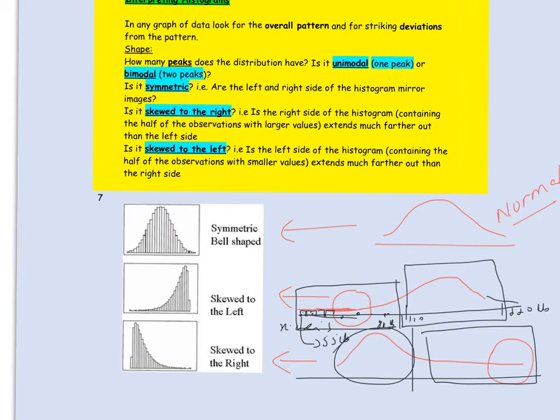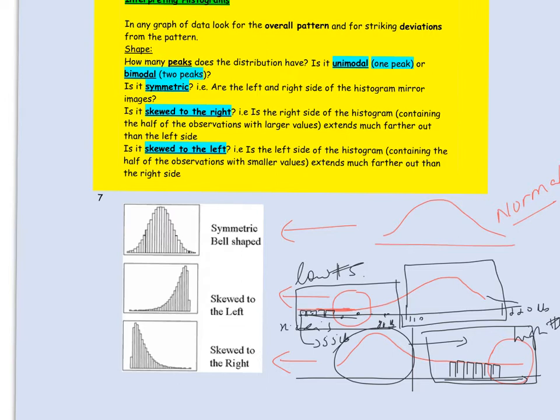But the extended tail to the right is formed by, if you think about the bars of the histogram, they are short, but they do extend to the right, which means in the data set there are numbers that are very high and far removed from the rest of the data set, and that's what causes the skew to the right. So the skew to the right is because of high numbers, and the skew to the left is because of low numbers. Think of the x-axis. The numbers get lower as we go to the left and get higher as we go to the right.